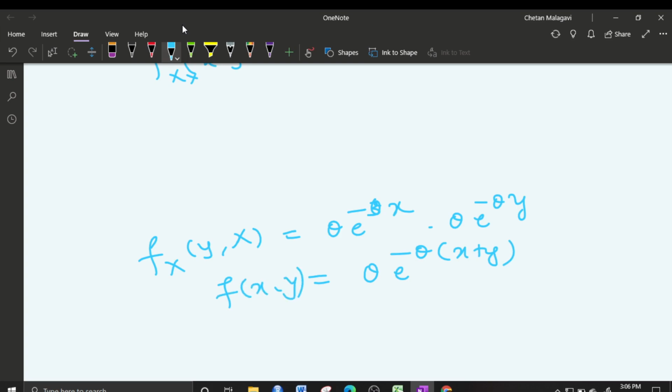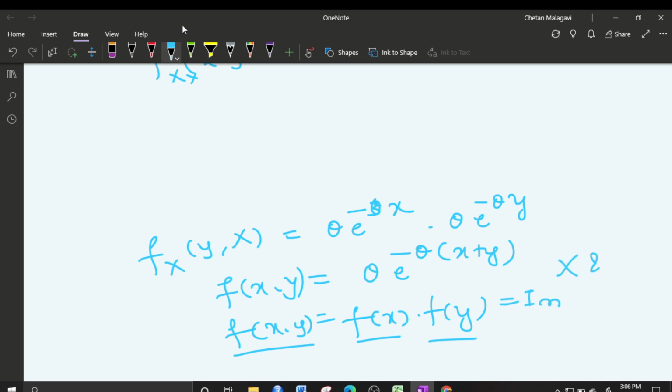Okay, so this can be written as f of x into f of y. Since this joint density f of x y can be written as the product of the individual densities, this is independent. What is independent? X and y are independently distributed.